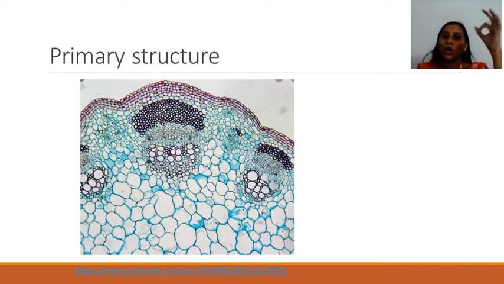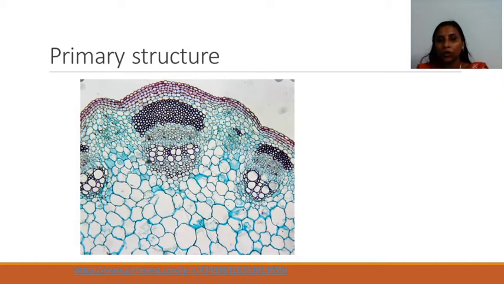That means cortex is made up of three different regions. One is the outer cortex, which is also known as the hypodermis, and it is made up of collenchyma, and inner to that there is a region made up of sclerenchyma, and inner to that there is a parenchymatous region known as the inner cortex.